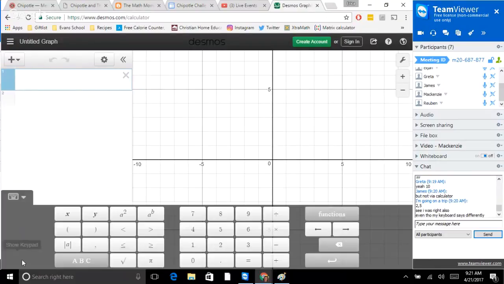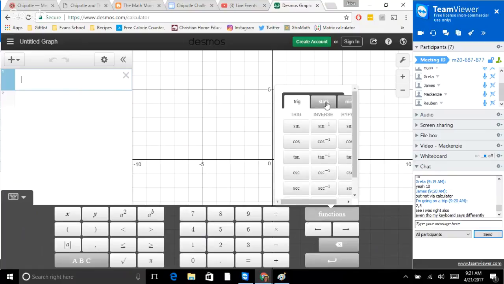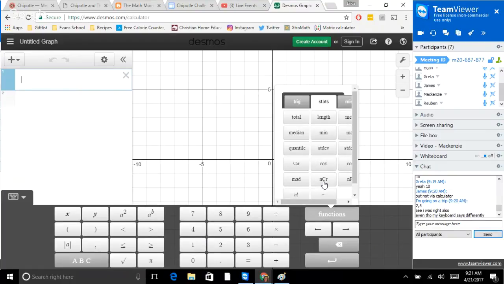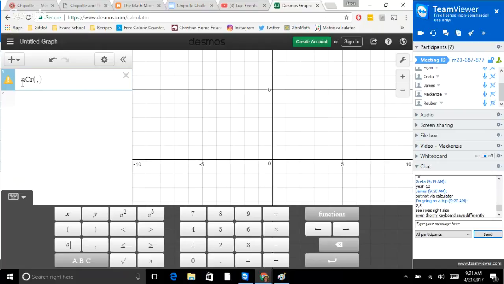And we use our functions. And we're doing combinations, right? So we do the number of total versus the ones that we're picking from. So we have 5 flavors and we are picking 2 of them.